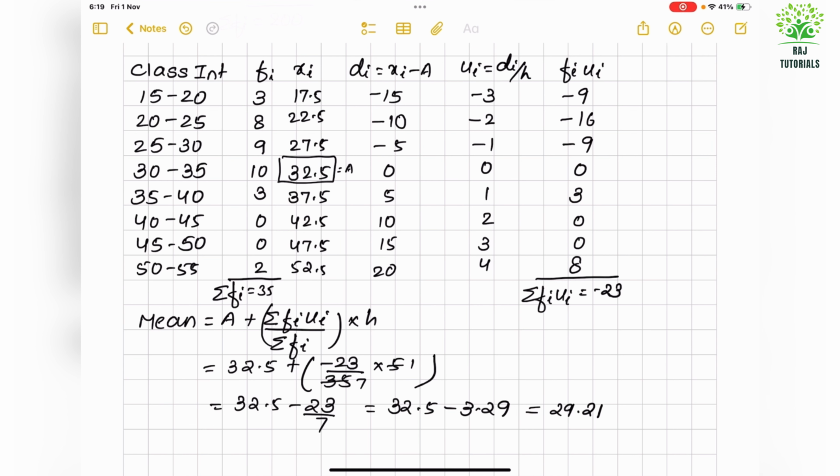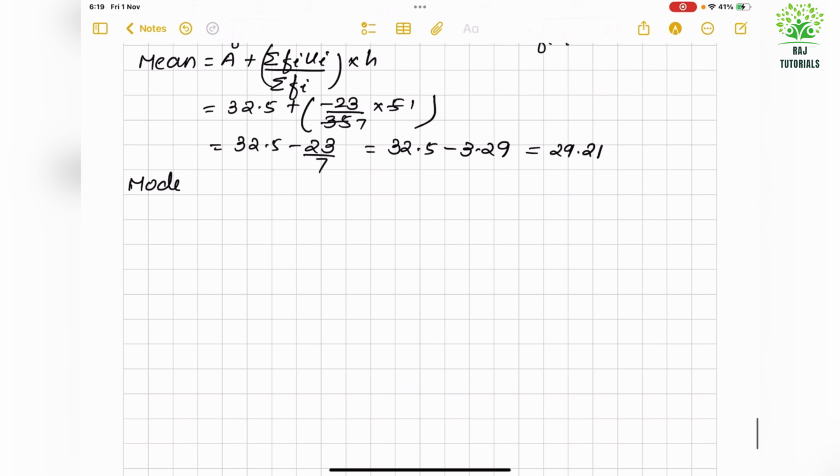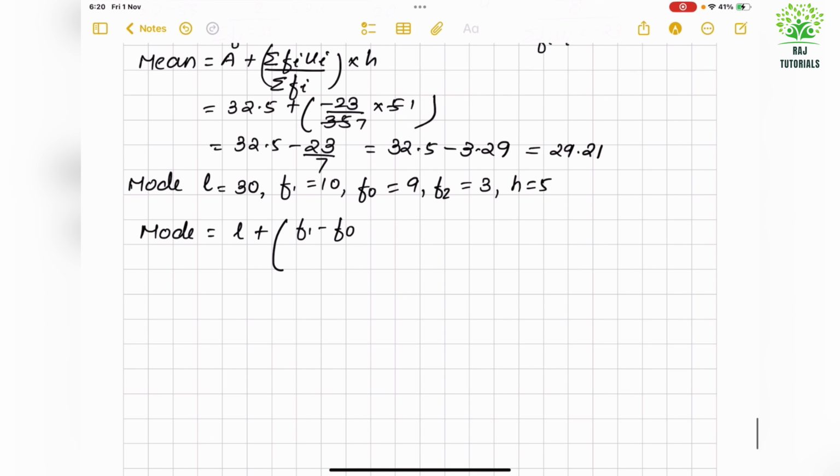Now for mode I have to see in fi the maximum value. So 10 is the maximum value. So this is the modal class. So for mode L equal to 30, f1 equal to 10, f0 equal to 9, f2 equal to 3 and h equal to 5. So mode equal to L plus (f1 minus f0) upon (2f1 minus f0 minus f2) into h.